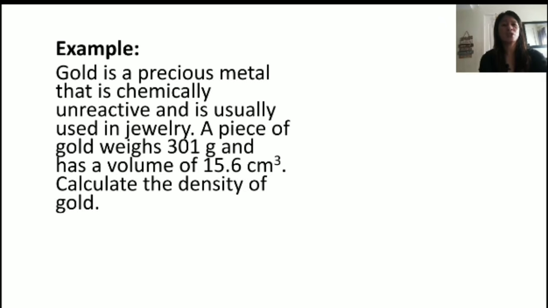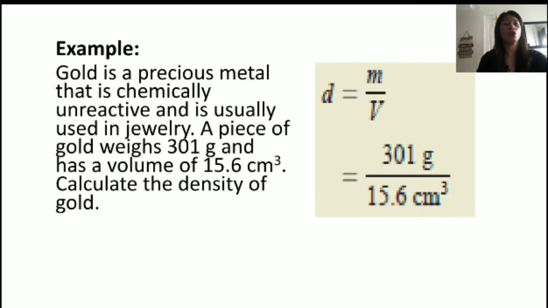Gold is a precious metal that is chemically unreactive and is usually used in jewelry. A piece of gold weighs 301 gram and has a volume of 15.6 cubic centimeter. So calculate the density of gold. So to determine the density of gold, we make use of the equation density equals mass over volume.